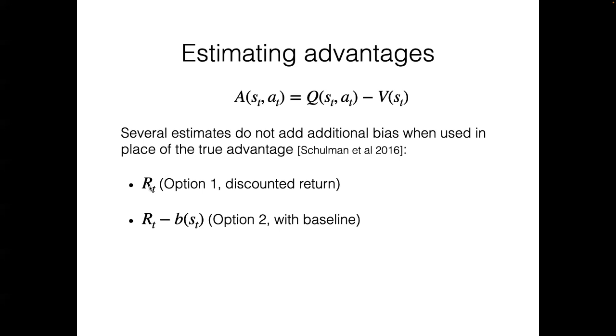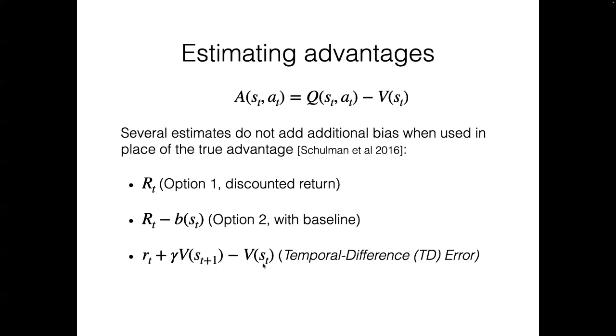So you could use your discounted return, you could use a baseline. And then there's something else called TD error or temporal difference error. It basically says that you have the reward and then you go forward one step and measure the value, and then you subtract the current state. And if you look at it for a bit, it starts to look like this advantage here, where you're subtracting out this value function.